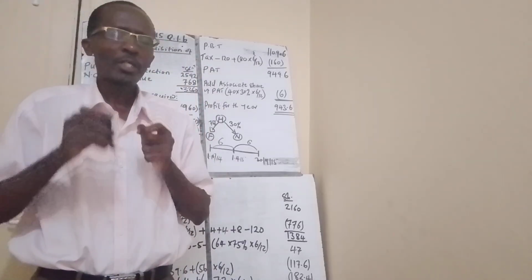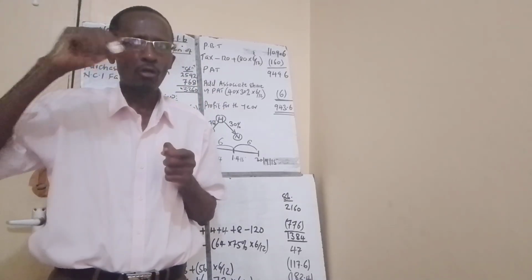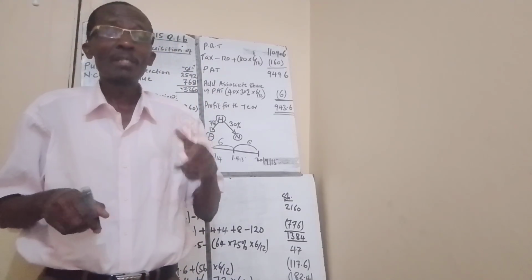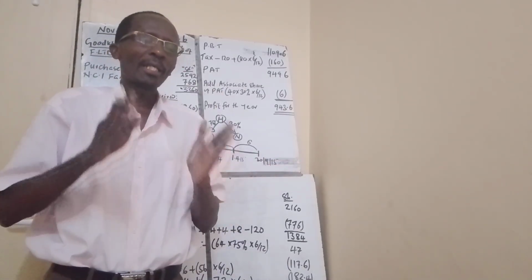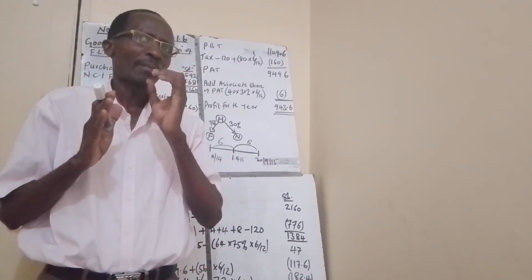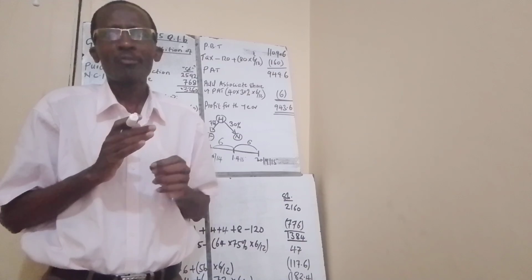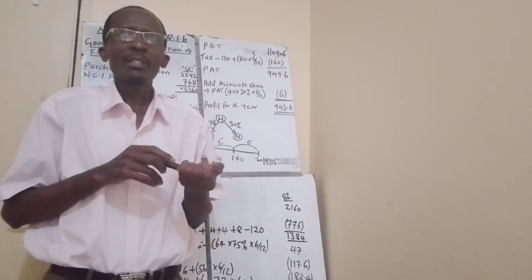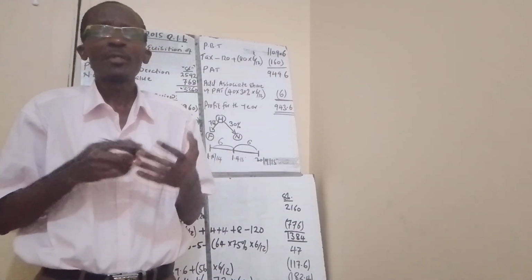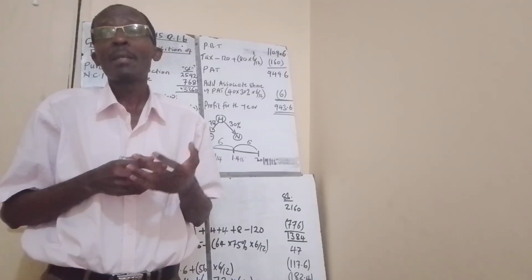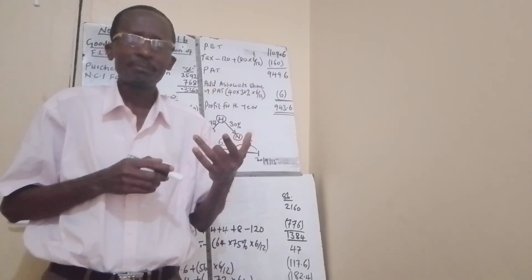So establish what is 1/3 of 120, which I believe is 40 million, and then with this 40 million, you establish what is the unrealized profit. We are using the markup here, and we are told the goods have been marked up at 25%.